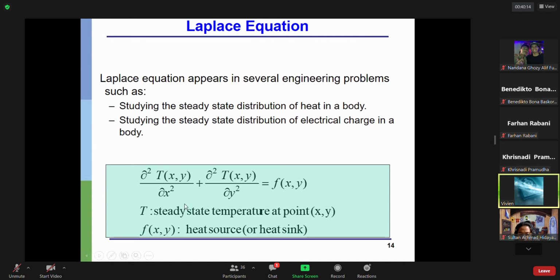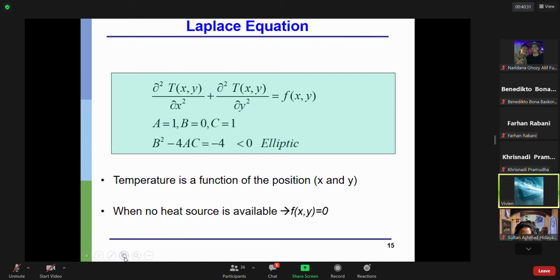And T here is the steady state temperature at a point x and y, which depends on two independent variables, x and y. When we have no heat source or no heat sink, the term on the right can be equal to 0.